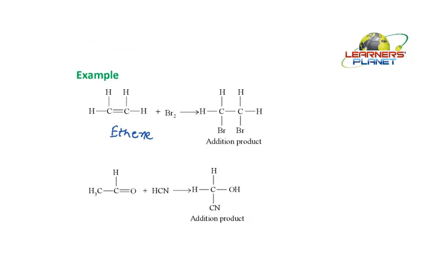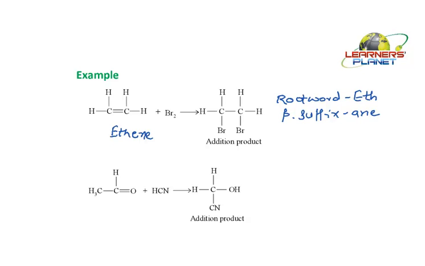So the root word would be eth. What type of bonds are there between the carbon atoms? Single. So your primary suffix would be ane.